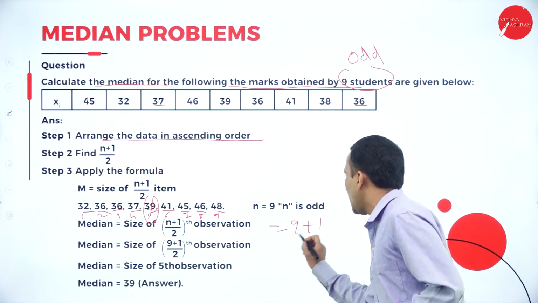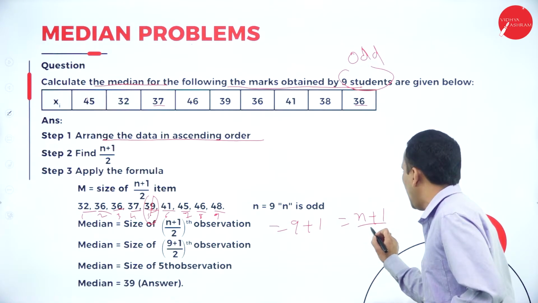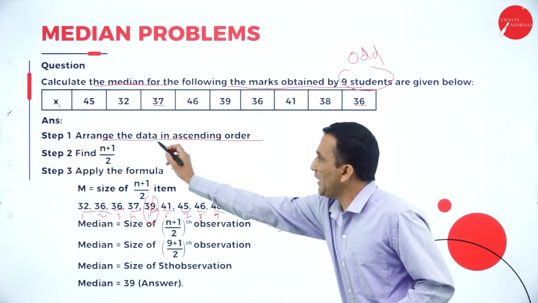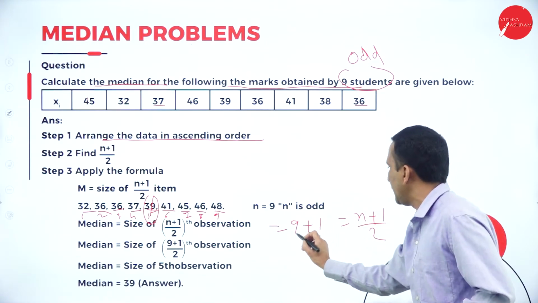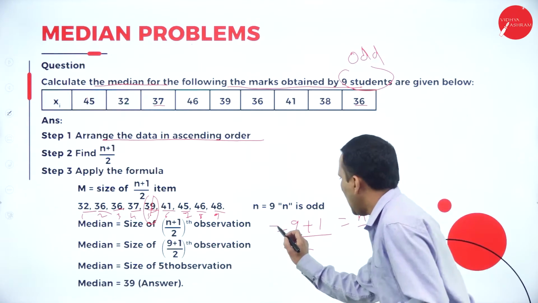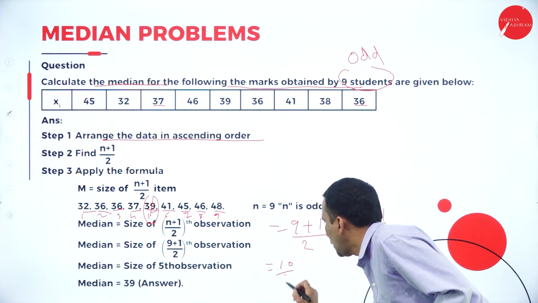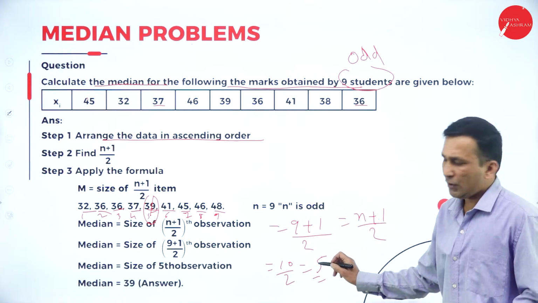After simplifying, the formula is very simple: N plus 1 divided by 2. How many numbers are given? 9 numbers. Plus 1, according to the formula, divided by 2. After summation, 10 by 2, the final value is 5.